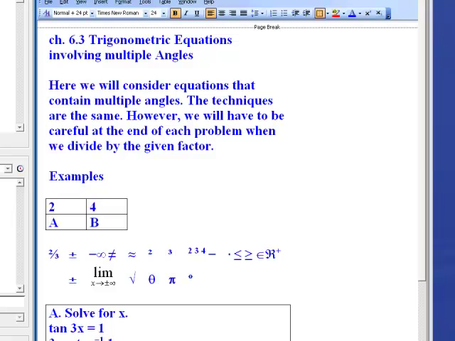If you plug in the pi over 4 divided by 3 right here for the x, the 3's of course cancel. You have pi over 4, and the tangent of pi over 4 comes out to 1. And then you do the same thing by putting another pi on top of that: 5 quarters pi divided by 3. The 3 cancels with this one here. Take the tangent of 5 quarters pi, you come up with 1, and so on.